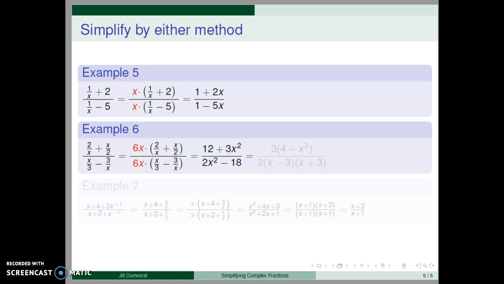When we distribute the 6x in the denominator, we get 6x squared over 3, which reduces to 2x squared, minus 18x over x, which reduces to 18. To see if this expression can be reduced further, we factor both polynomials. Once the polynomials are in factored form, we see that no additional simplification can occur.